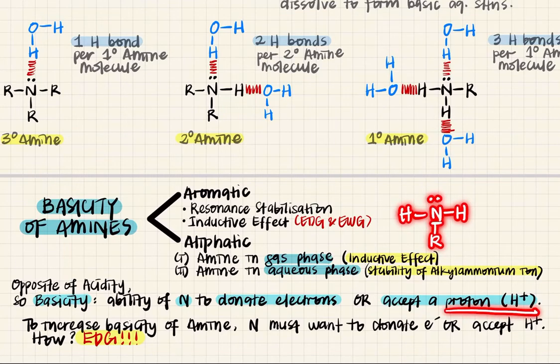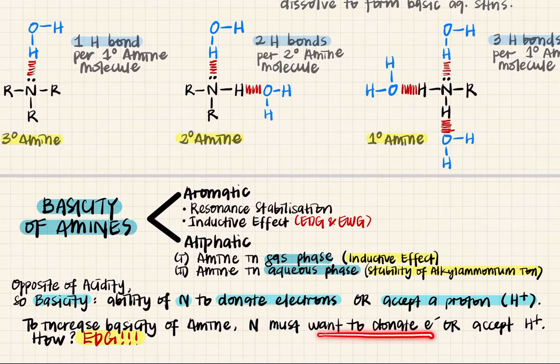So kalau kat sini dia adalah very negative, dia lebih available to accept proton, dia boleh attack H. Alright, so to increase basicity of your amine, your nitrogen must want to donate electrons or accept proton lah. How are we going to do that? To do that, we are going to use electron donating group.